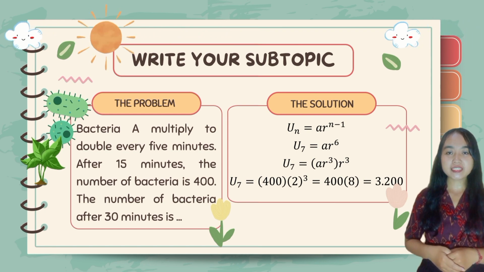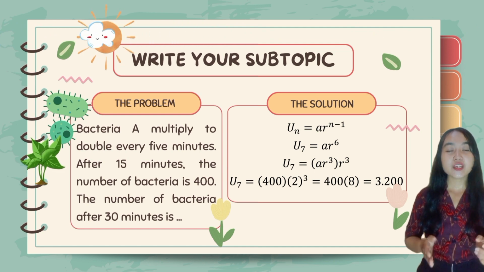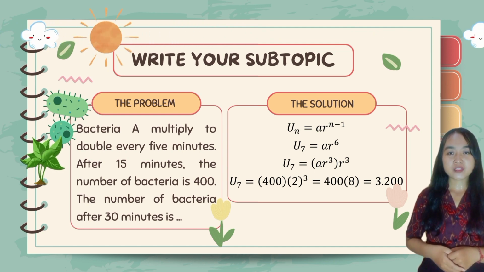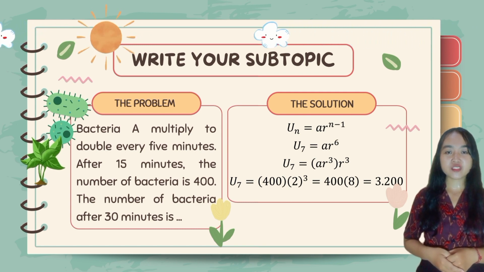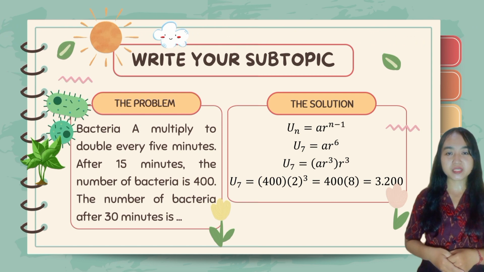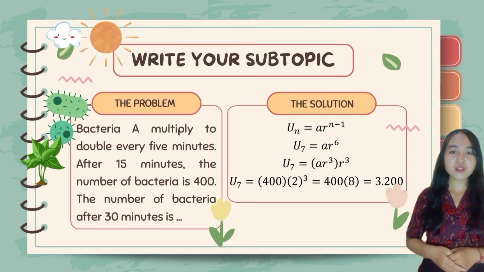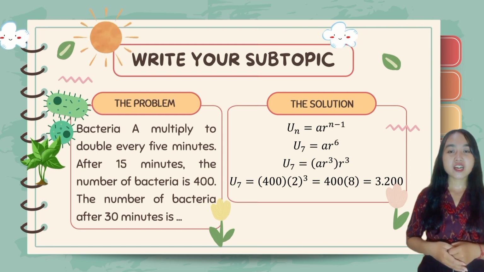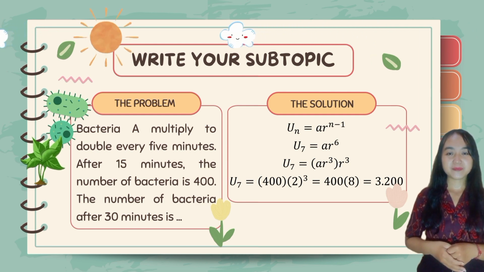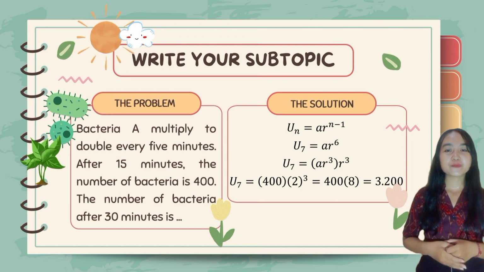And we will find that the seventh term equals 400 times 2 to the power of 3, equals 400 times 8. And we will get the answer 3200. So we got the answer. The number of bacteria after 30 minutes is 3200. Now the next problem.